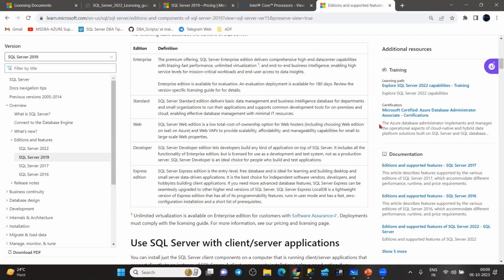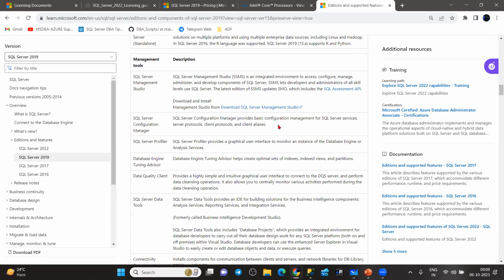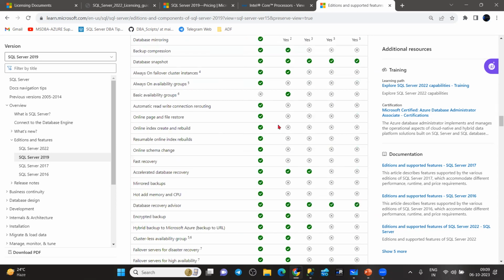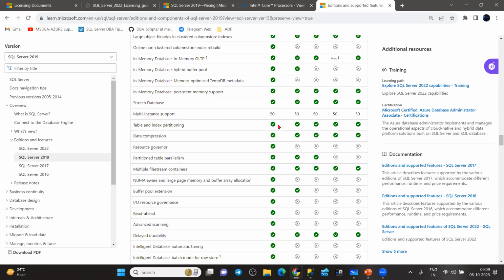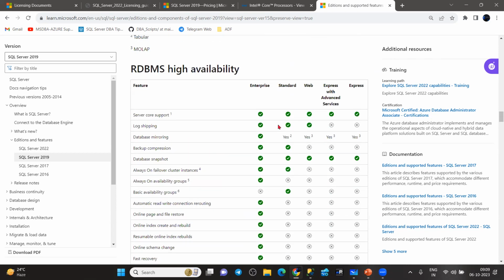Subbu, what about the other features like mirroring, replication, clustering? Everything supports all the editions? Replication, standard edition will support all except Always On availability group. So there is a limitation for Always On only. Mirroring it will support, log shipping it will support.